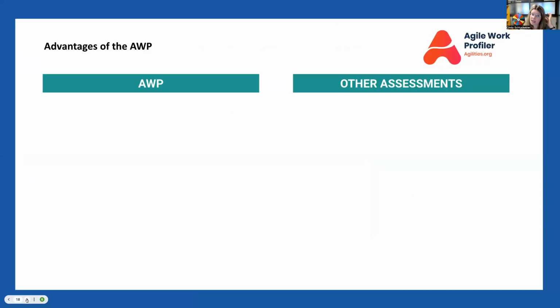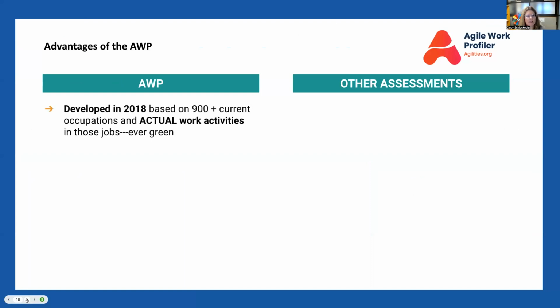So let's move on and talk specifically about the advantages of the Agile Work Profiler. And I've talked about a few of them, but we'll just kind of spiral and repeat a little bit so you really understand. So the Agile Work Profiler was developed in 2018 and based on 900 plus current occupations, and it's on actual work activities, and those jobs are evergreen.